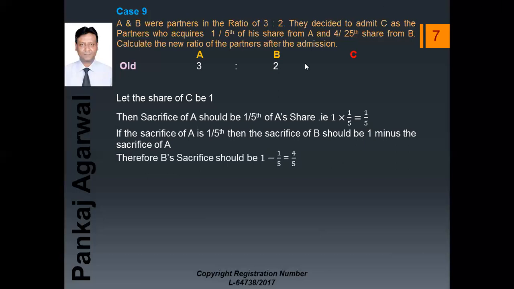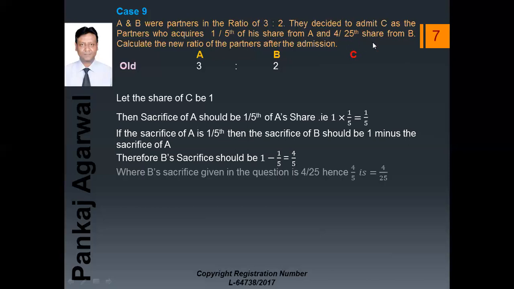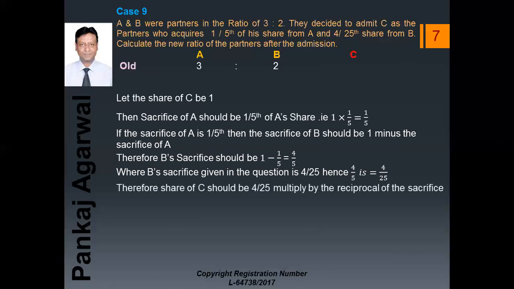But in this question, the sacrifice made by B is 4/25 of C's share. That means this 4/5 is equal to 4/25. We can write it as an equation and cross multiply them so that we can get the whole share of C. When we cross multiply, it comes to 20 on one side and 100 on the other.